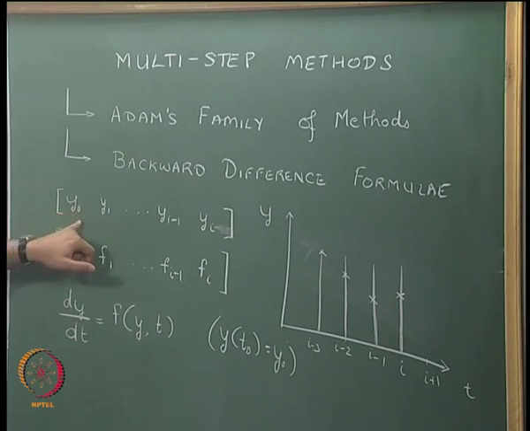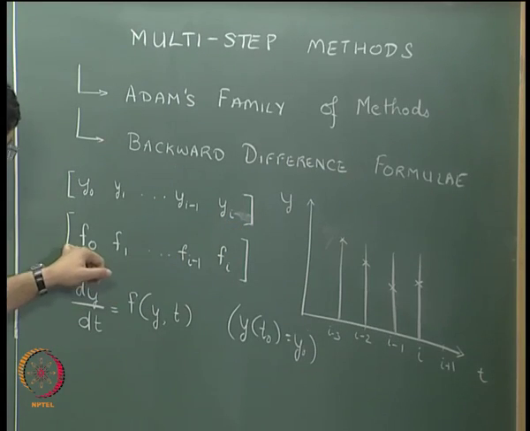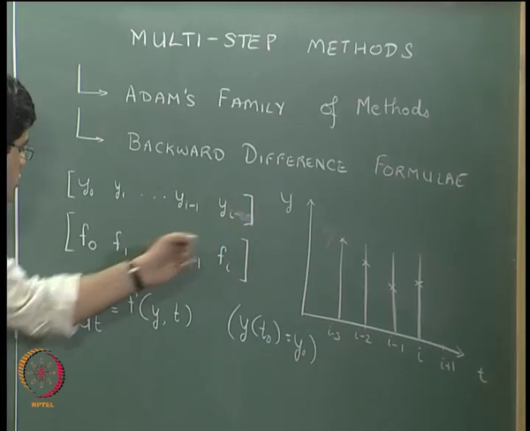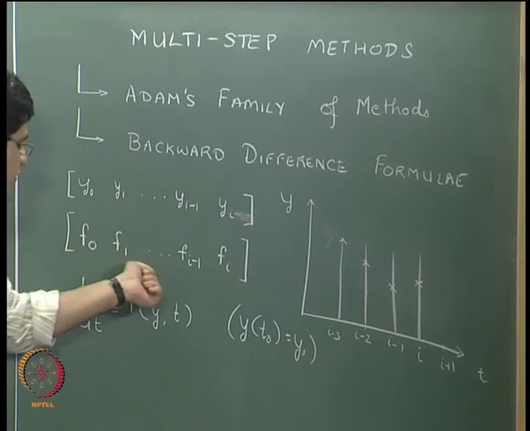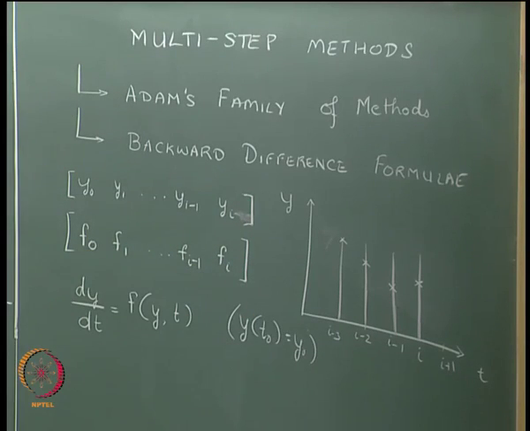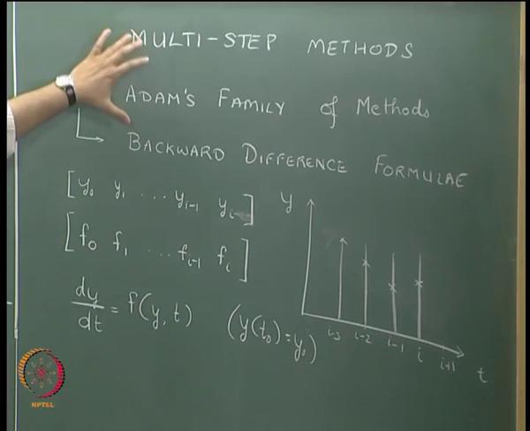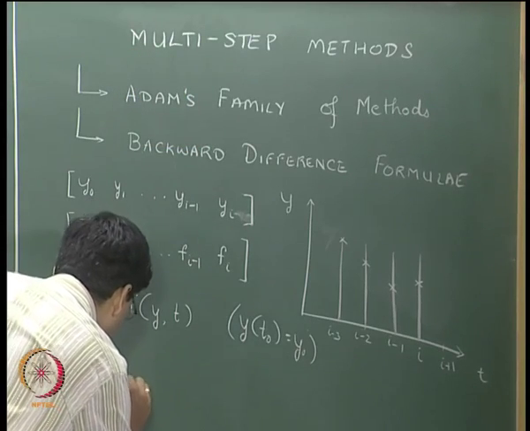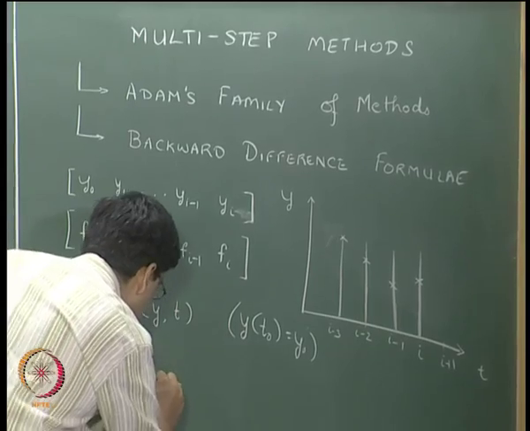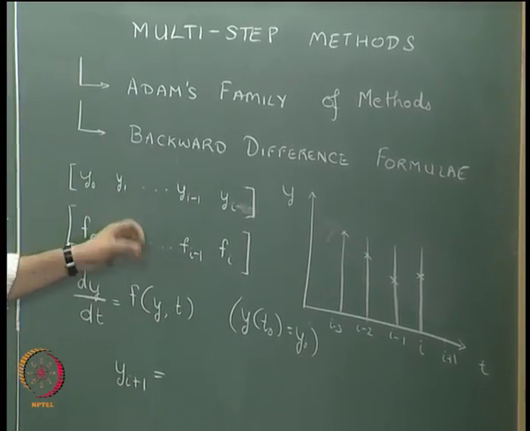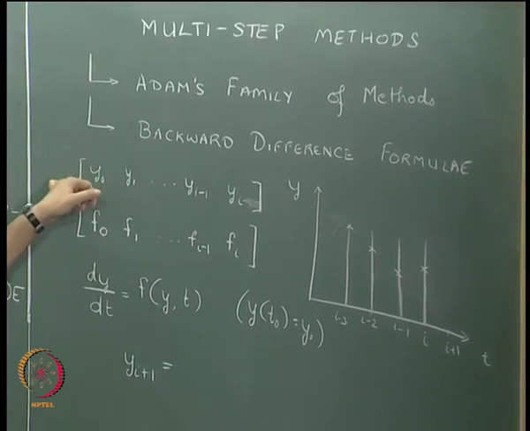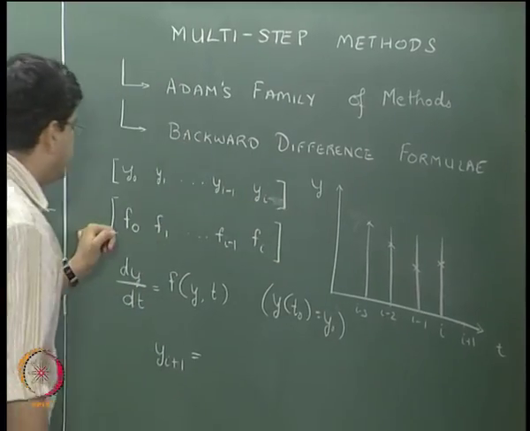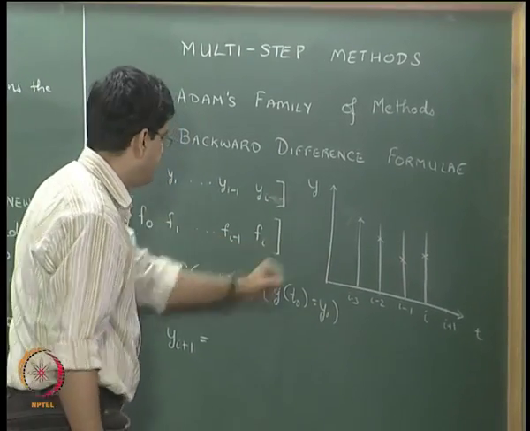Now, given y0 we can compute all these values y1, y2, y3 up to yi, and having these values known to us we can get f0, f1, f2 and so on up to fi. In the multi-step methods, what we try to do is write yi plus 1 as some kind of a weighted sum of the past y's as well as the past f.